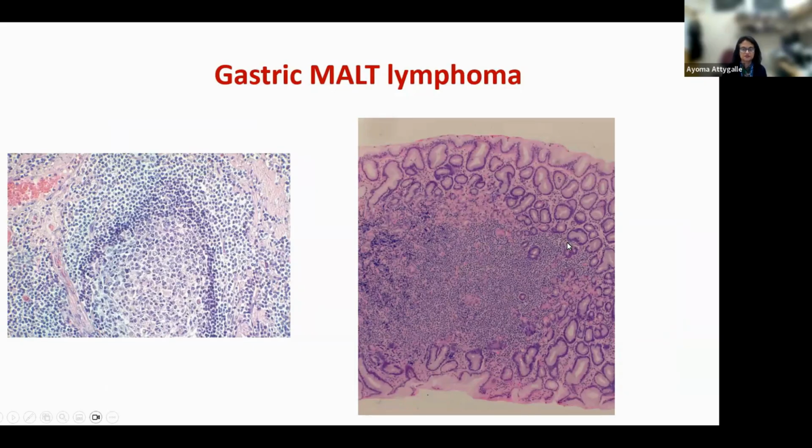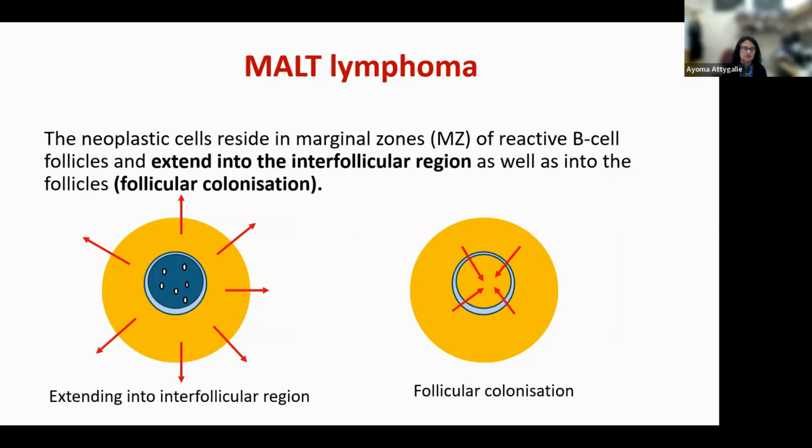So where the infiltrate has colonized and overrun the pre-existing acquired MALT, or the acquired mucosa-associated lymphoid tissue from which the tumor has arisen. So the neoplastic cells reside in marginal zones of these reactive follicles, and they extend into the interfollicular regions as well as cause follicular colonization.